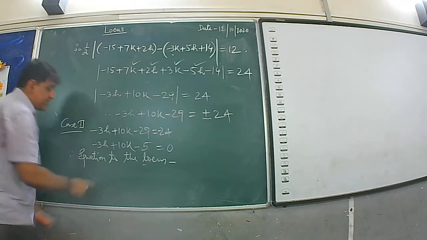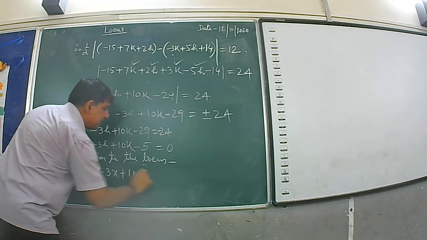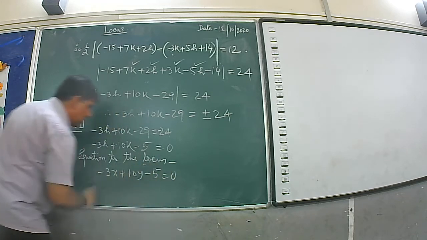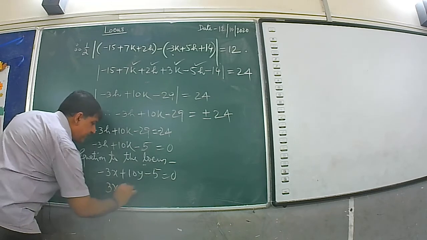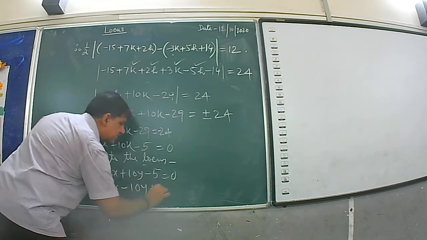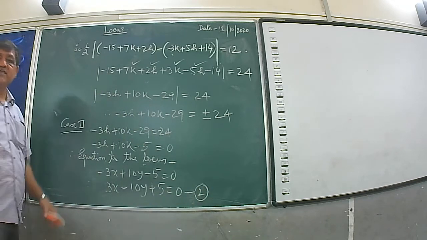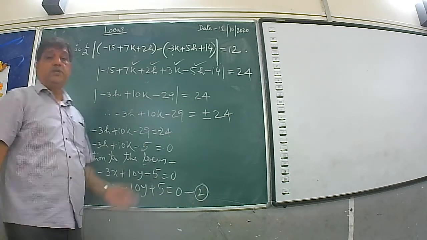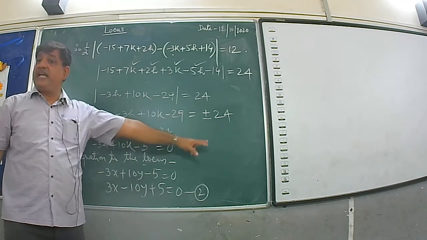Therefore the equation to the locus will become minus 3x plus 10y minus 5 is equal to 0. Further you can multiply both sides with a minus sign, and you will get 3x minus 10y plus 5 is equal to 0. So this is your second equation to the locus. Now we have two kinds of locus here, and we have explained these two already.